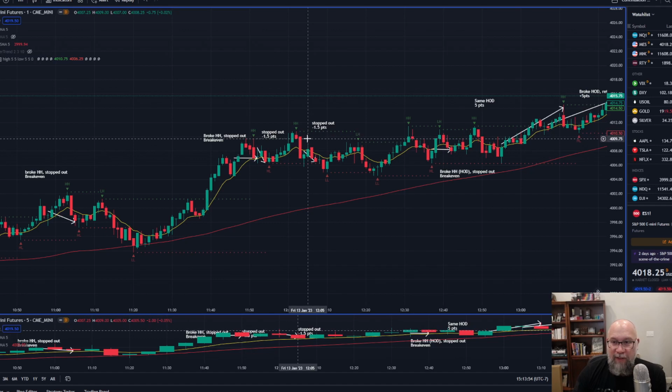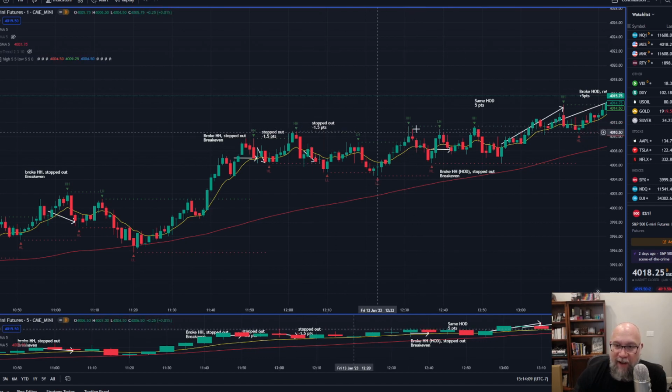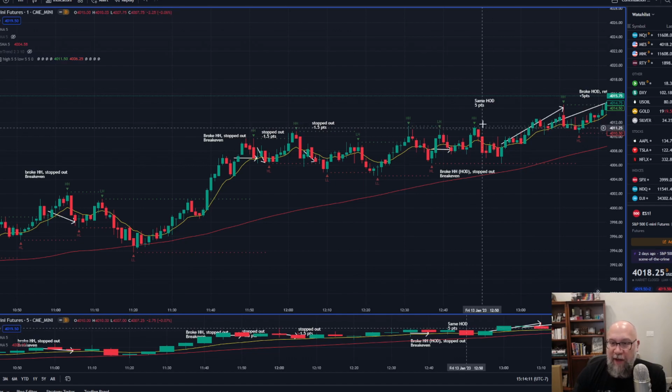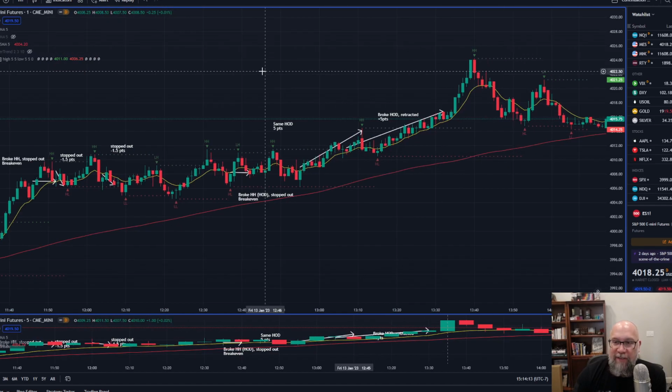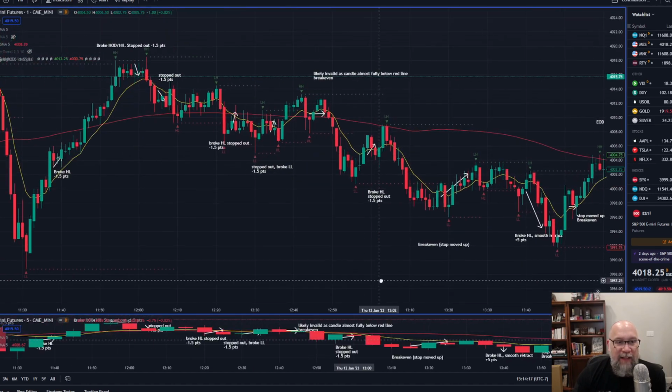But this one is only about 1.5 points above the previous higher high. So very difficult, right? And then this higher high is 0.75 points above the previous higher high. And then this is the same higher high. So, those are all right. And then back here, let's see.